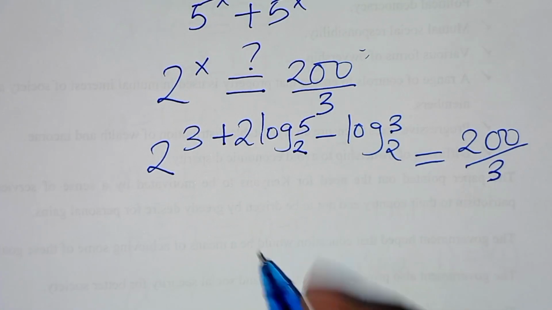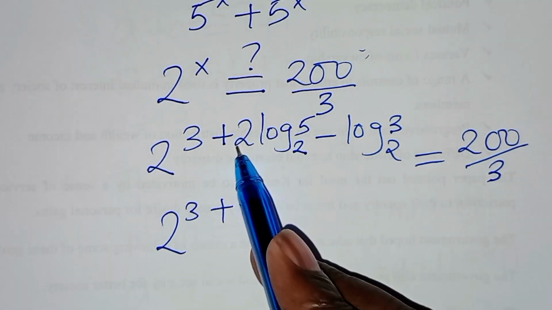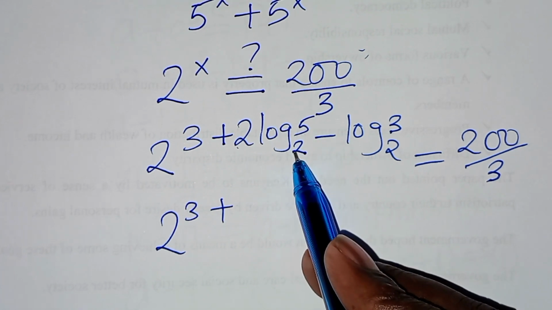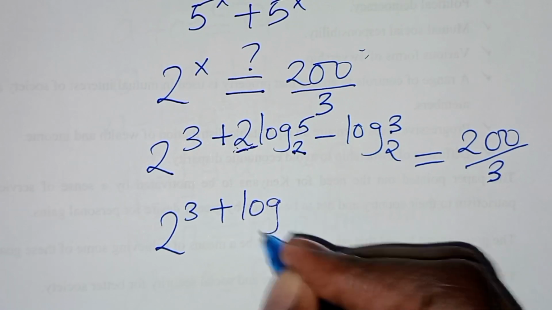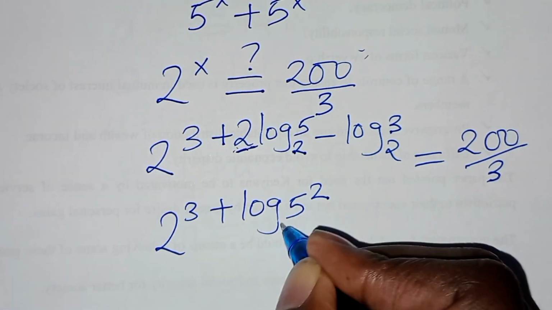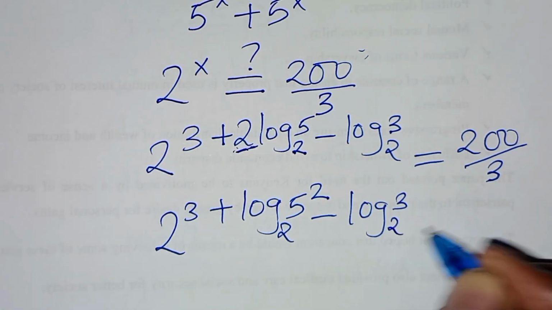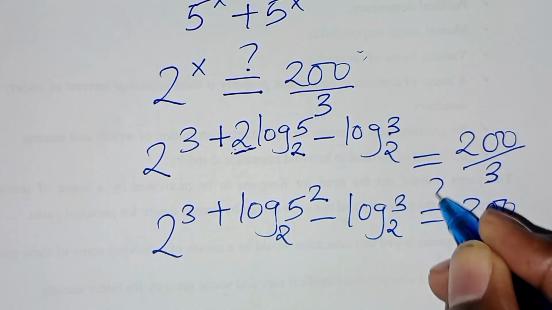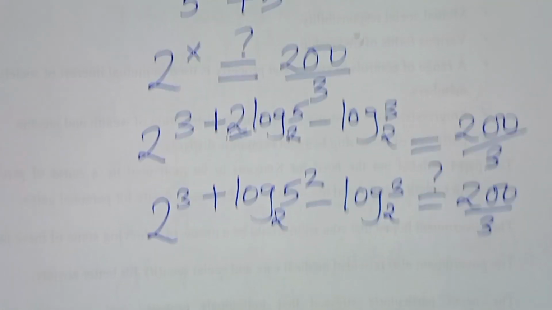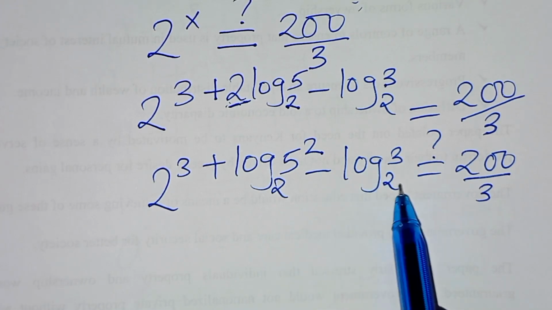Now, we can express this again as 2 to power 3 plus 2 log 5 to base 2. This is actually the power. This is the same thing as log 5 squared to base 2, subtract log 3 to base 2. This should give us a value of 200 divided by 3. So let's check if this is true. Now, 2 to power 3 plus log 5 squared to base 2 subtract log 3 to base 2.